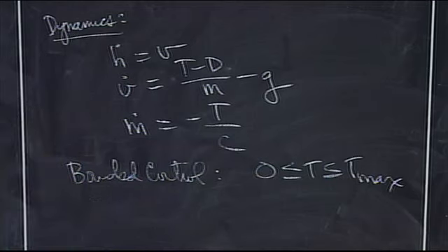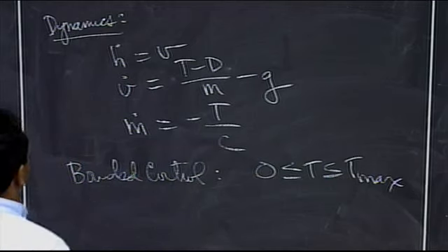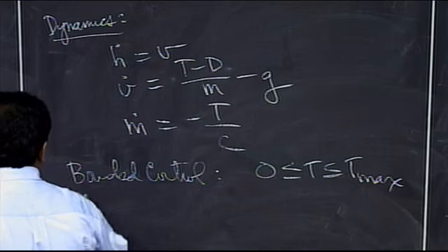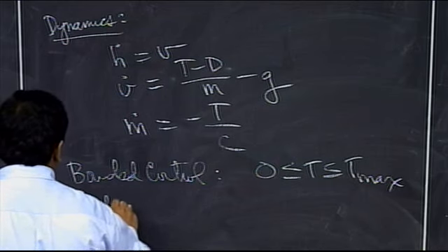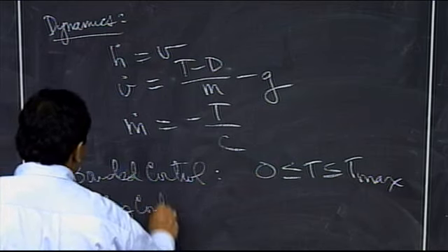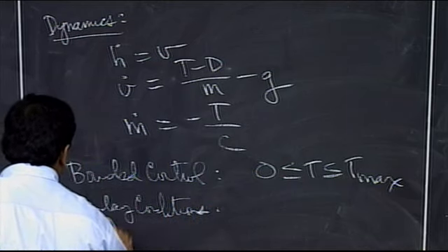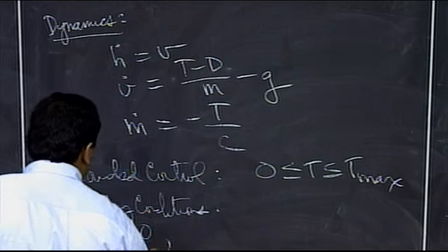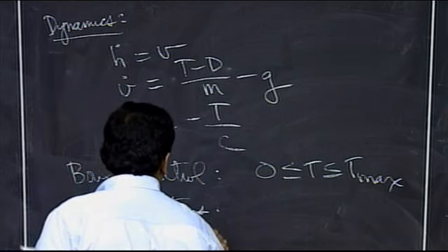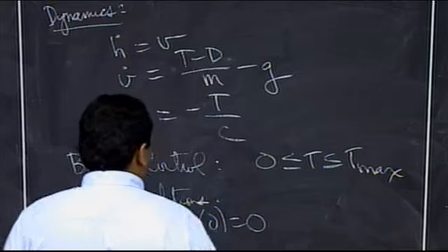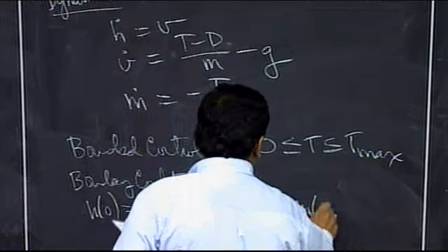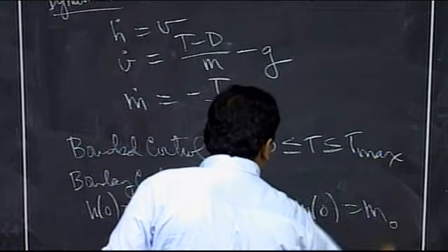Now, if you look at this, you say, well, you've got to have some initial conditions. So the boundary conditions are h at 0 equals 0, v at 0 is also equal to 0. You're starting from the ground. And m at 0 is equal to some initial mass.